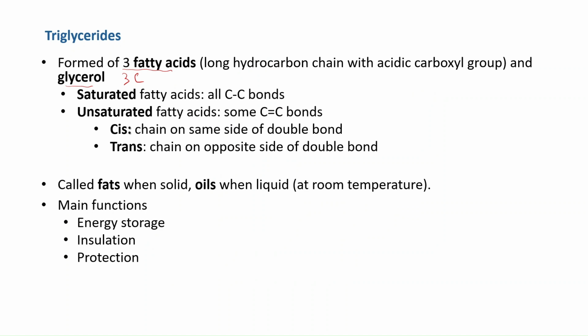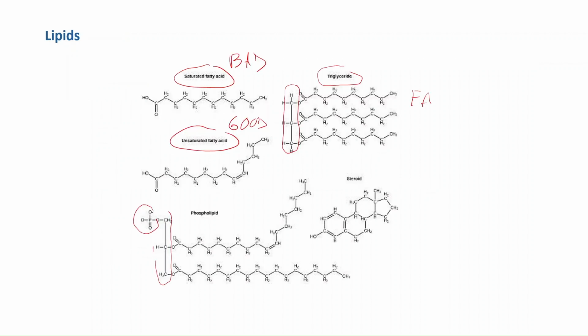Now, when you have unsaturated fatty acids, there's still a difference. Are the chains going to be on the same side of the double bond? Look at the example that you have in here. The chain is on the top, and continues from the top. So this is a cis fatty acid.